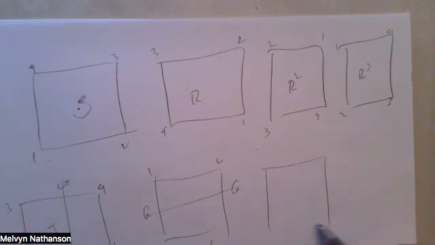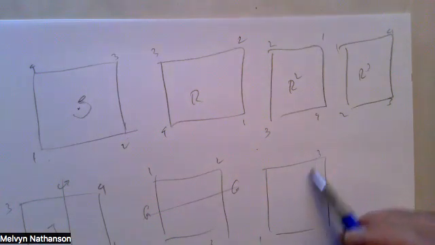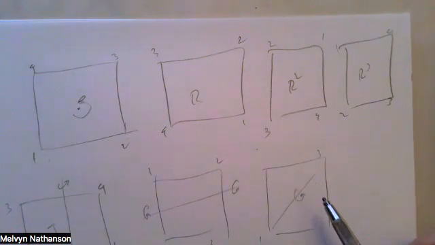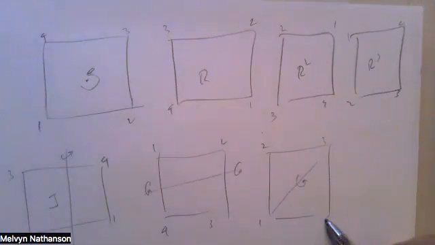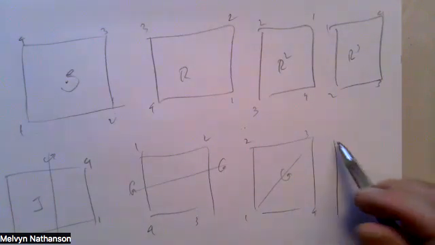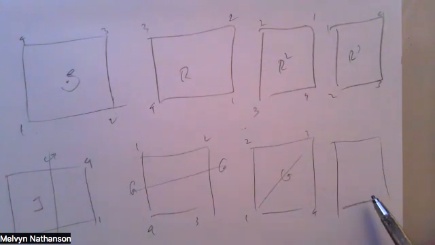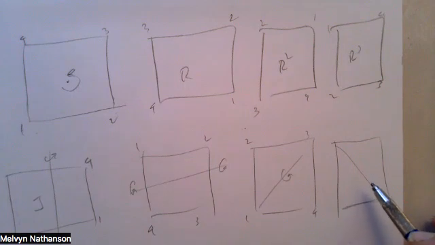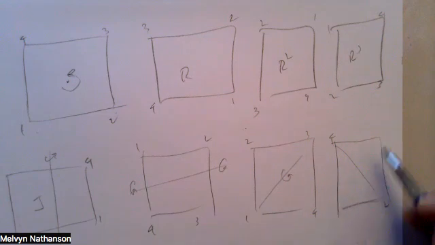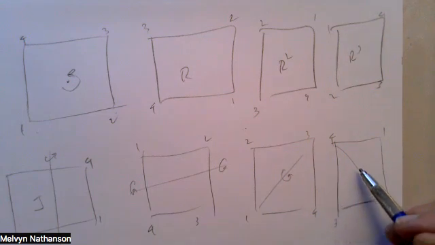You can also fix the lower left and upper right corners and reflect through the diagonal. 1 and 3 stay, but then 2 and 4 are interchanged. And finally, you could reflect through the anti-diagonal, the opposite diagonal. So we're fixing 2 and 4, and 1 goes to the top and 3 goes to the bottom.